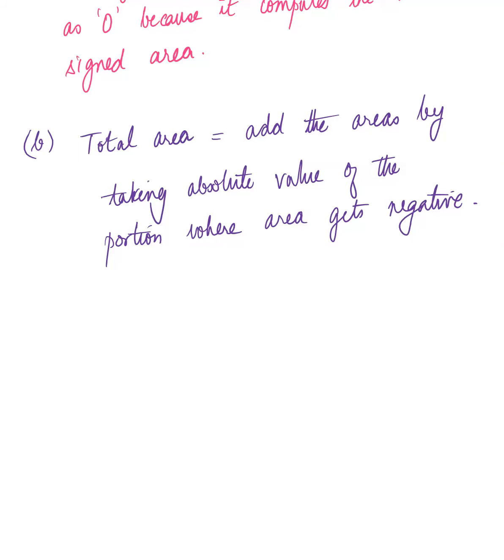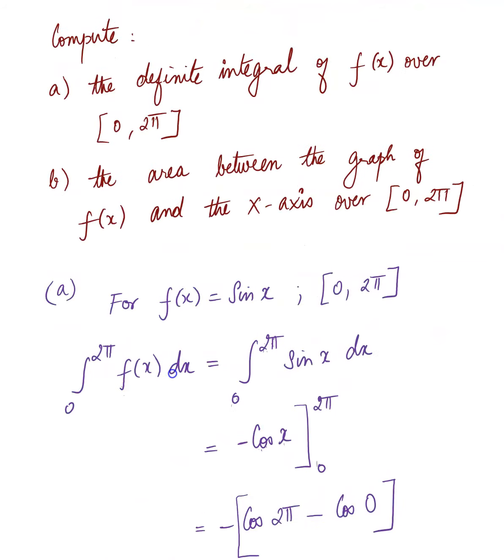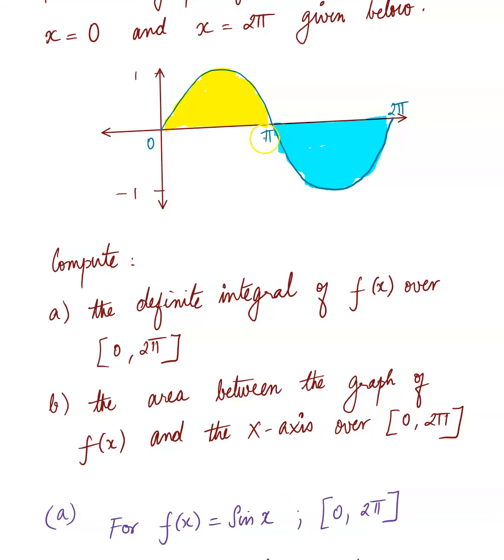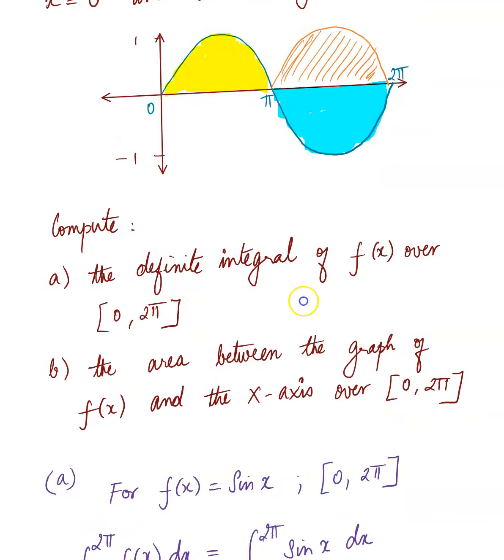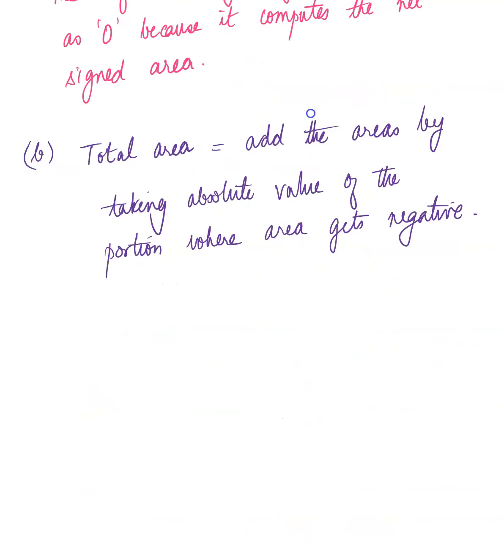And if you go back again to the graph, we see that from 0 to pi the area is positive, from pi to 2 pi the area is negative. So if I did the absolute value for the pi to 2 pi, just for the blue region, it's as if I flipped it over to the top, and then that area is what you're computing. That's how it's going to appear. So it's got the two areas there.